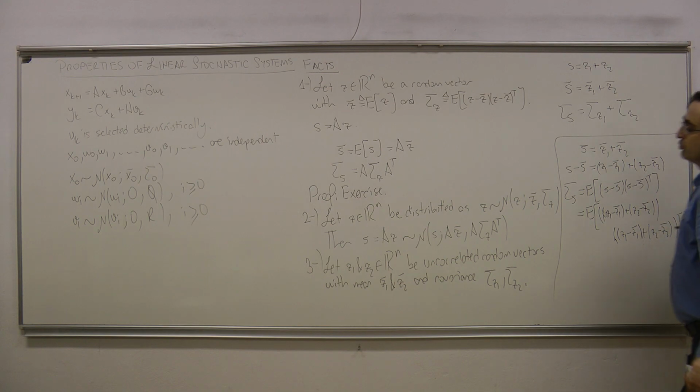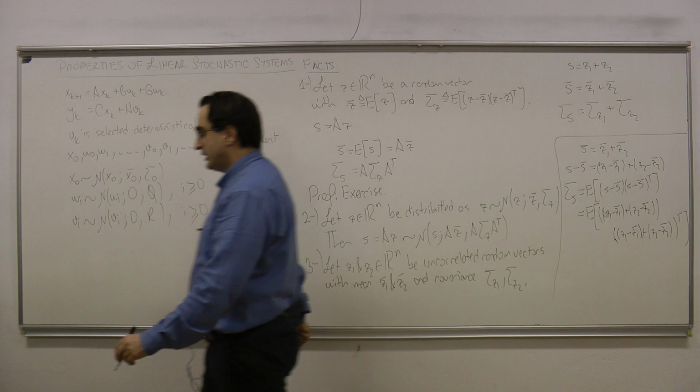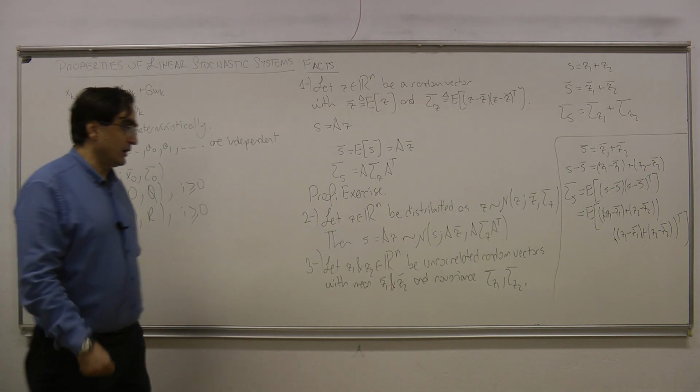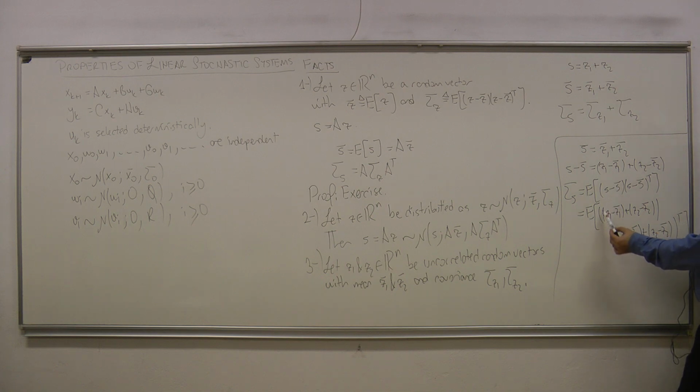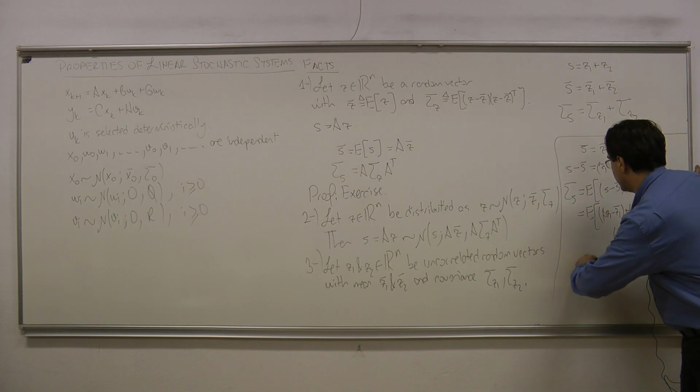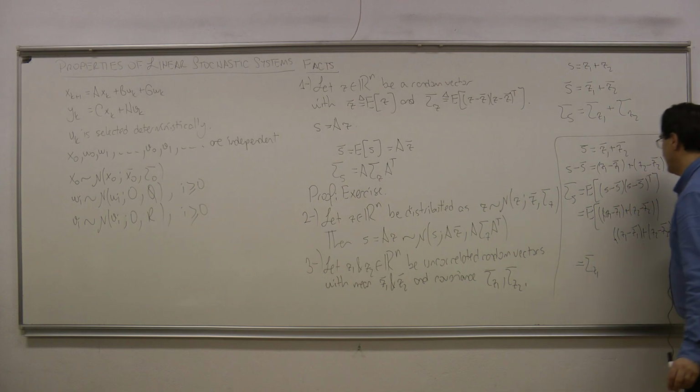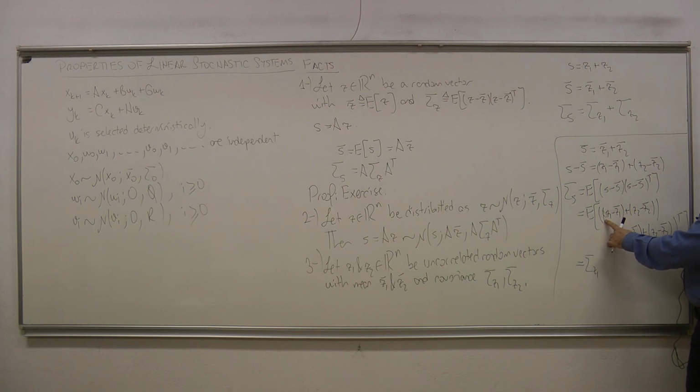Okay? So you see that such a covariance calculation would have 4 different terms. Multiplication of Z1 minus Z1 bar with Z1 minus Z1 bar transpose, that is going to be sigma Z1. Multiplication of Z1 minus Z1 bar with Z2 minus Z2 bar transpose, expected value.